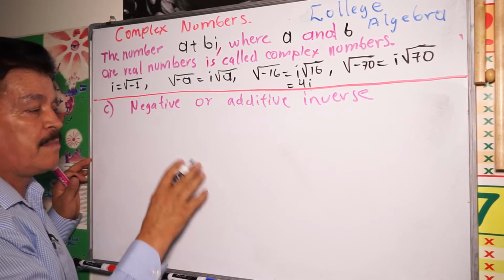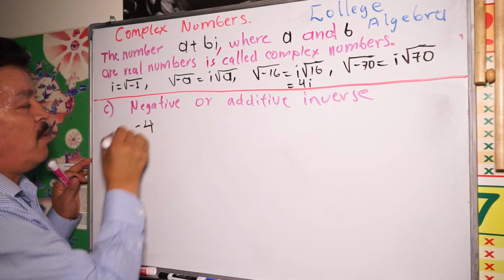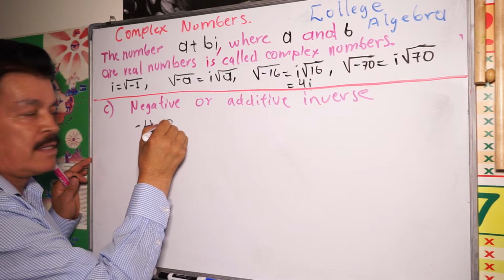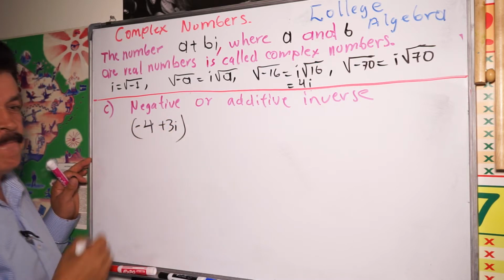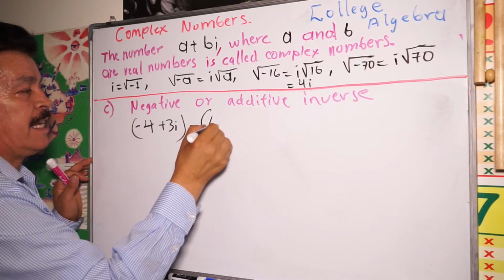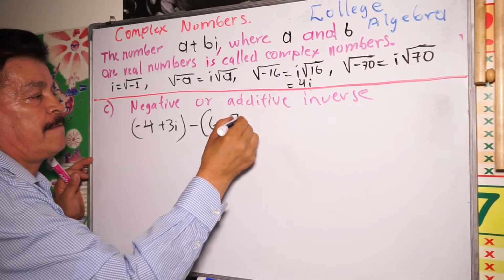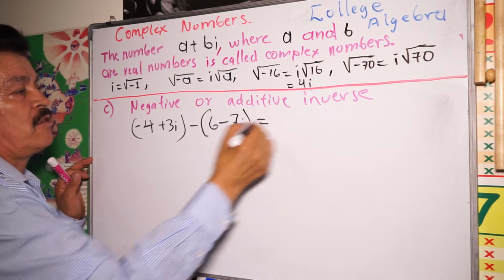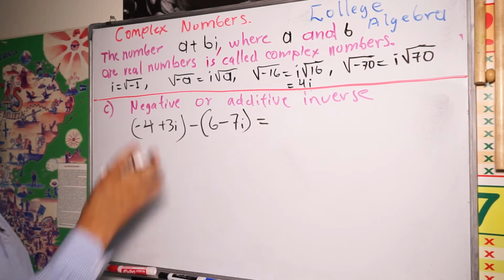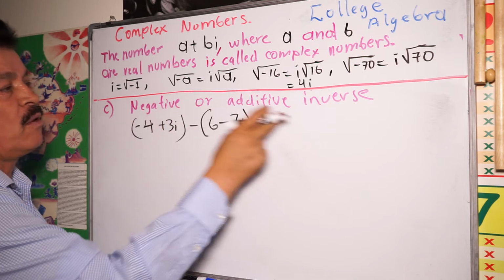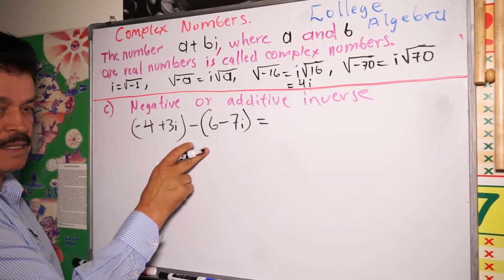Write one problem here: -4 plus 3i minus 6 minus 7i. Now simplify using this property. We are applying this property, the negative or additive inverse.